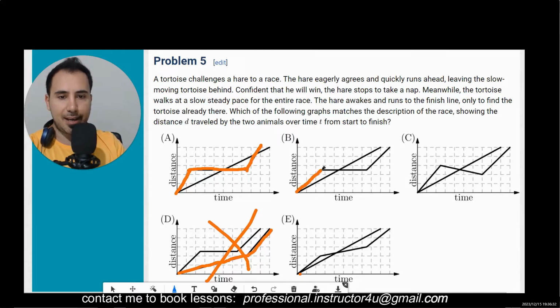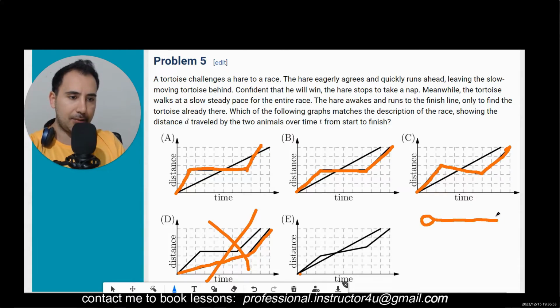This one gets fast, sleeping, fast. This one is not. Look. Do you know what number 3 means? That means the hare was going quickly to the right.